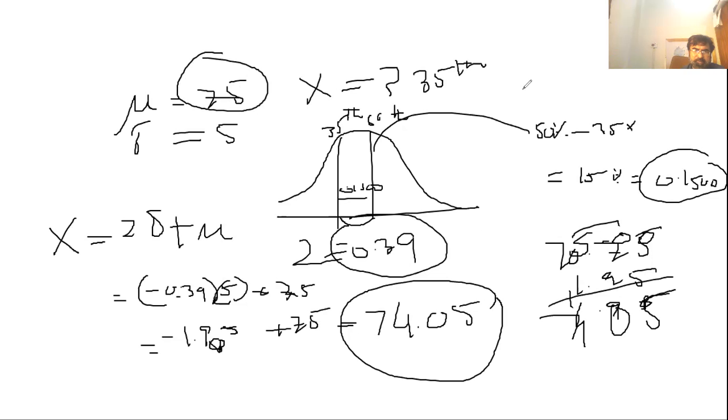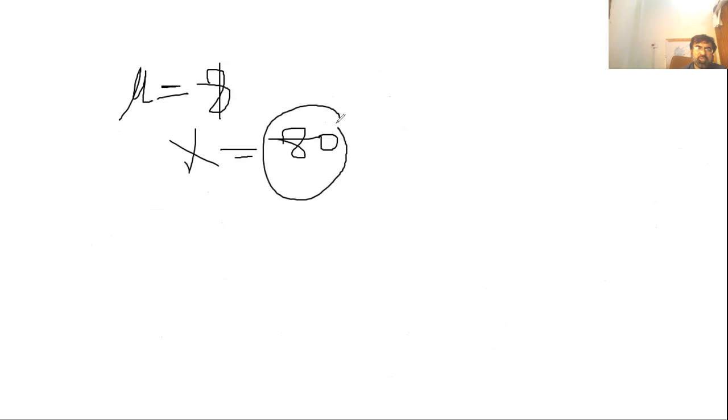Now go for the other one. Let's move on to the other question, which is a person who has scored 80. His individual score is 80. How many students will get marks at most 80, meaning 80 and below? First we have to calculate the z-score from x, and then we will go on to the percentile. Z is x minus mu over sigma.